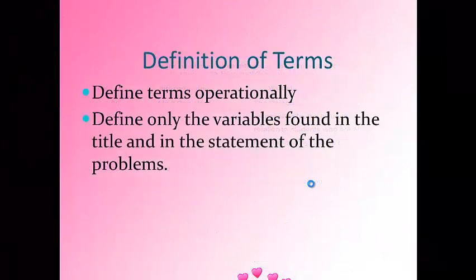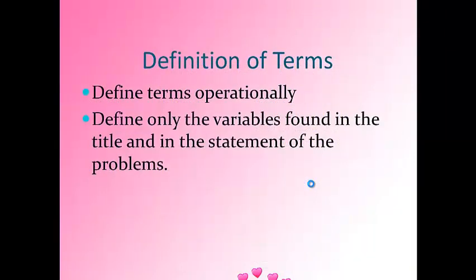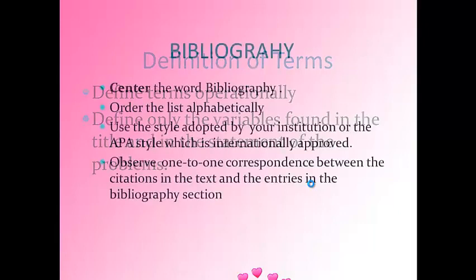The next is the definition of terms. The terms must be operationally defined, and we will only define the variables that are found in the title as well as in the statement of the problem.